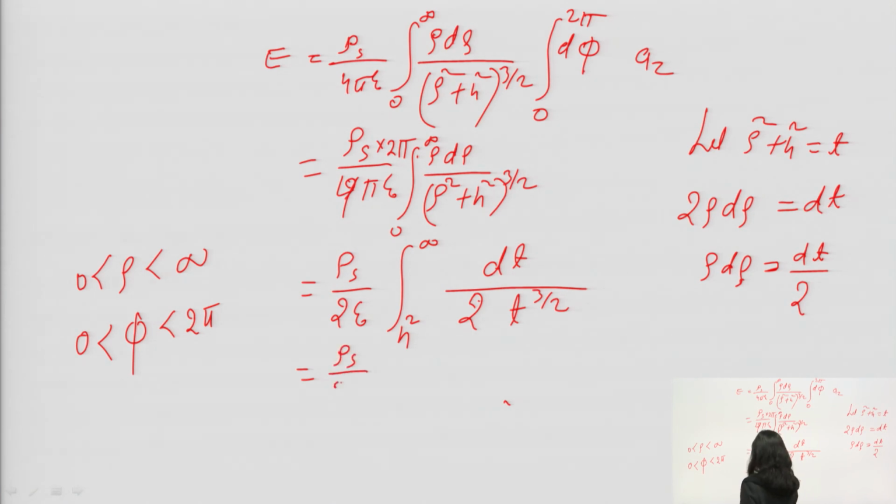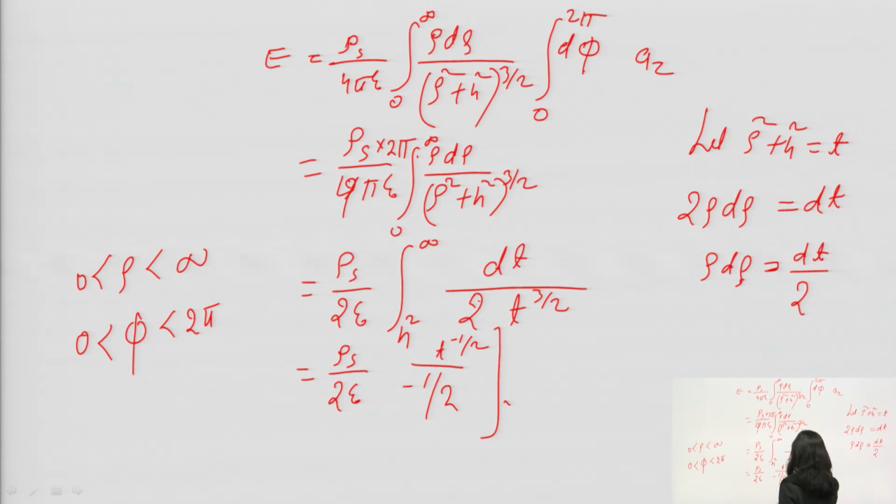Now our integration became simple, so we can evaluate it as rho s by 2 epsilon. The integration of this will be t to the power minus 1 by 2 and 1 by 2. The limit should be applicable as h square to infinity.